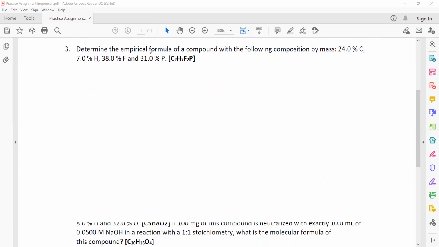In question 3, determine the empirical formula for a compound with composition 24% carbon, 7% hydrogen, 38% fluorine, and 31% phosphorus. So the elements present are carbon, hydrogen, fluorine, and phosphorus.